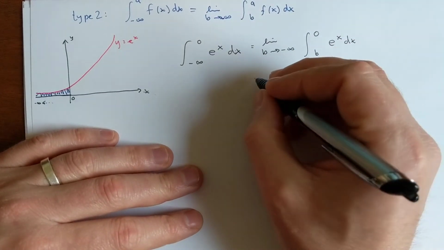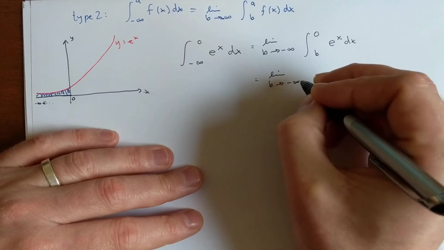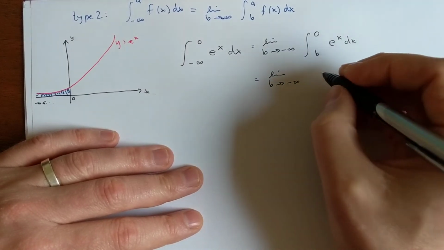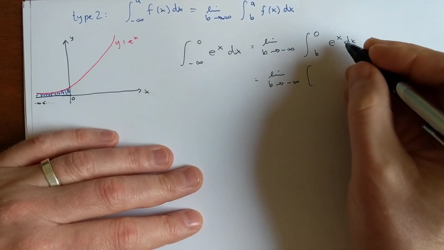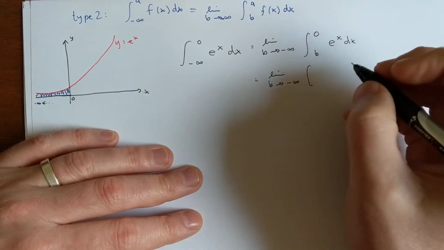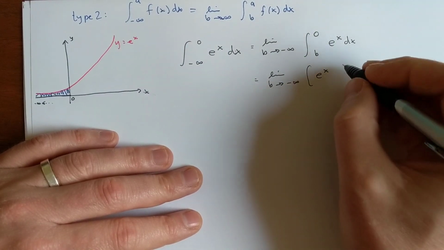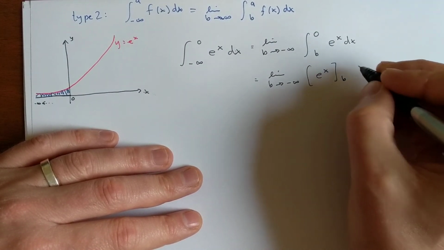So again, the first part of this is just like any definite integral. We're going to take the antiderivative. In this case, what's the antiderivative of e to the x? It's the only function that doesn't change when we take the integral.